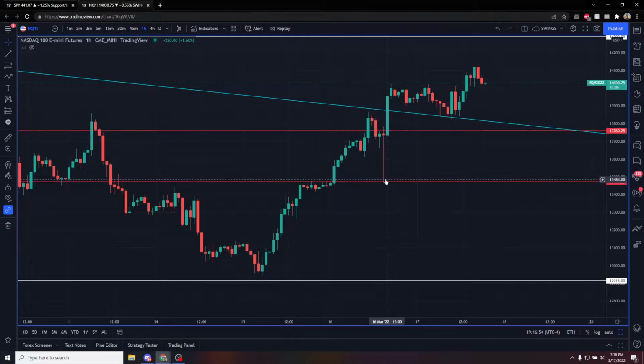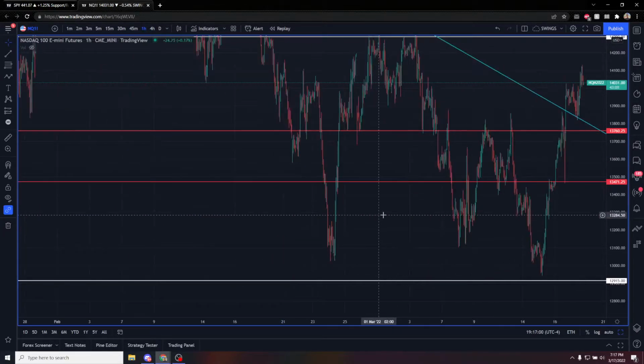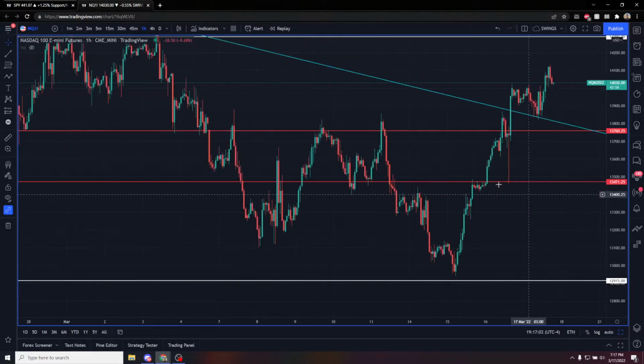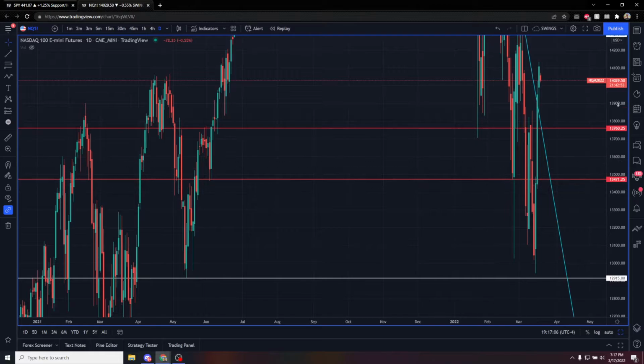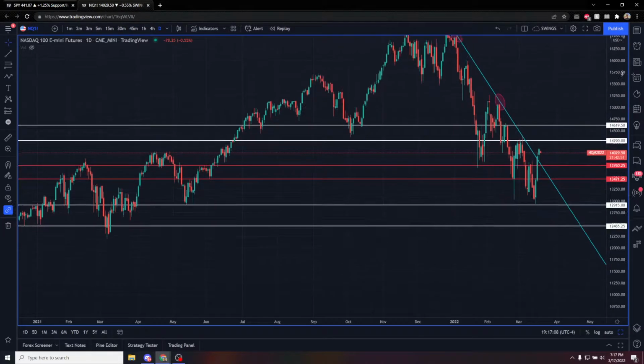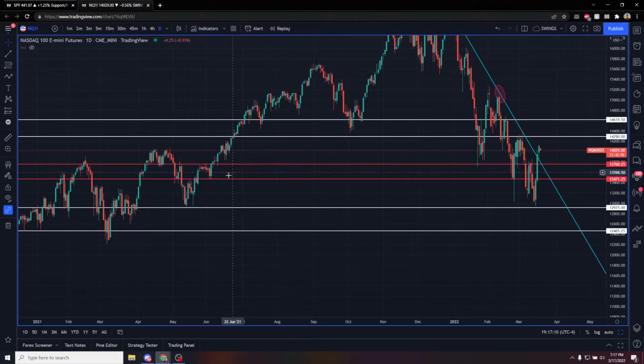It went like 700, 600, 300 points, $300 down, and the support that it bounced from was from a daily time frame, and it's from June last year and February this year.